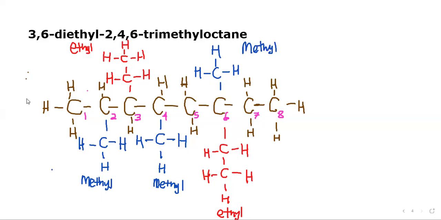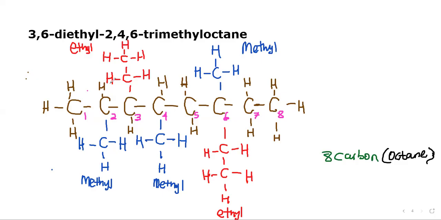And then since it's an alkane that is having 8 carbon atoms, what do we call it? We call it octane. Do you get to see that? So that's how basically we show that.